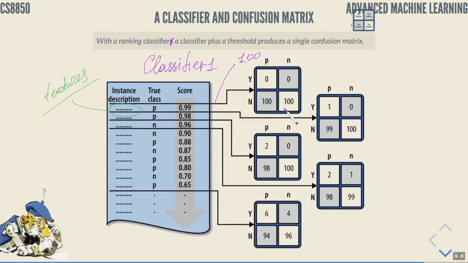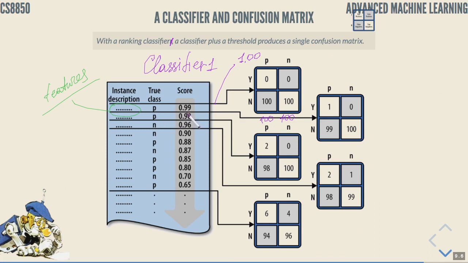They all are, well, there are 200 of them. They all are predicted as negative. If you look at the truth, we have 100 negative samples in this test set and 100 positive samples in this test set. When our threshold is 1, everything is predicted negative. This is what's predicted, remember? This is what is actual.